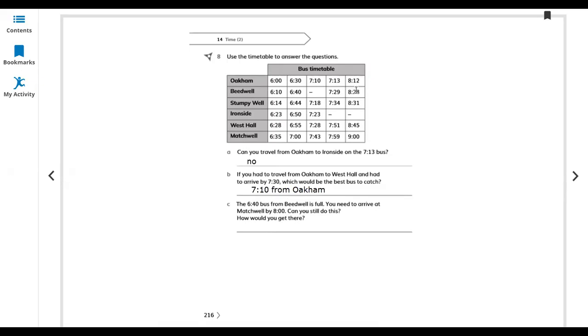The 6:40 bus from Bidwell is full, so the next we have option 7:29. So yes, the 7:29.